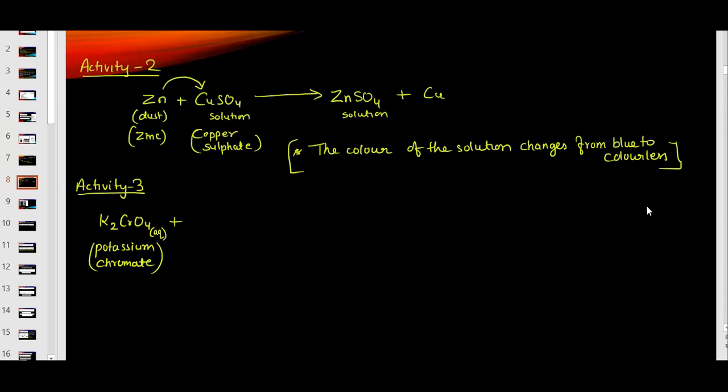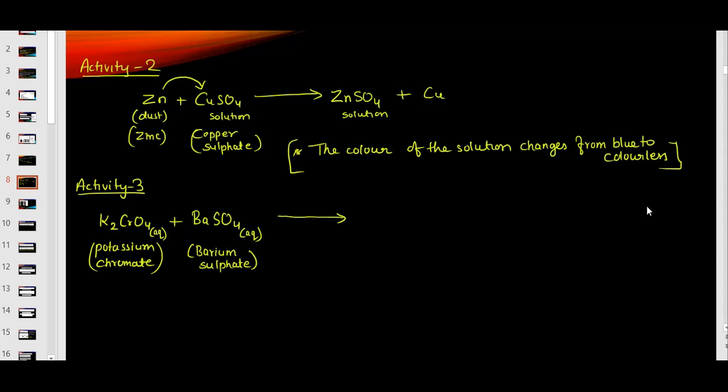Aqueous means solution, liquid form. Plus barium sulfate solution, that is BaSO4 solution. This is also aqueous. BaSO4 is white in color. Okay, so when you are adding these both solutions together, we are not heating or anything, we are just adding them.